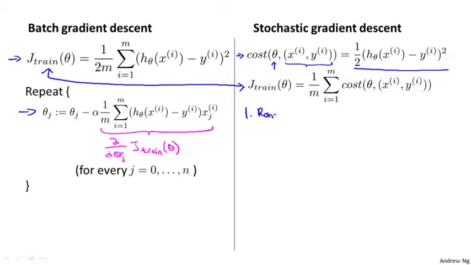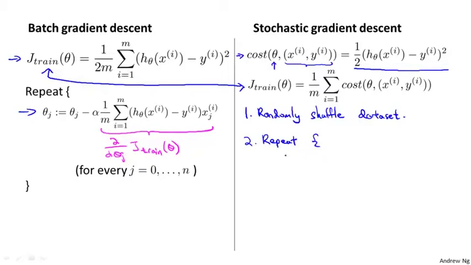The first step of stochastic gradient descent is to randomly shuffle the data set. By that I just mean randomly reorder your m training examples. It's a standard pre-processing step; I'll come back to this in a minute. But the main work of stochastic gradient descent is then done as follows.